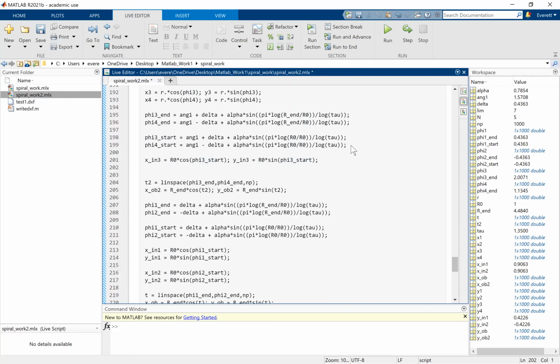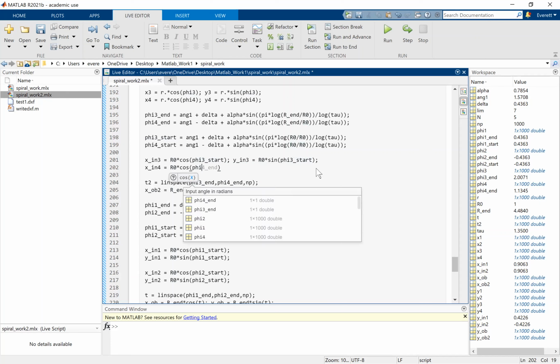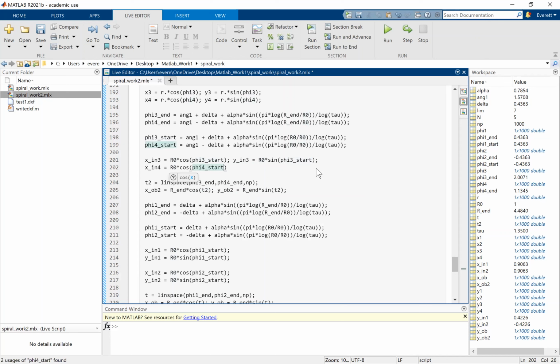And then we have to make our other inner bound coordinates. So x_inner_bound_4 is r naught times cosine of phi4_start. And y_inner_bound_4 will equal r naught times sine phi4_start.